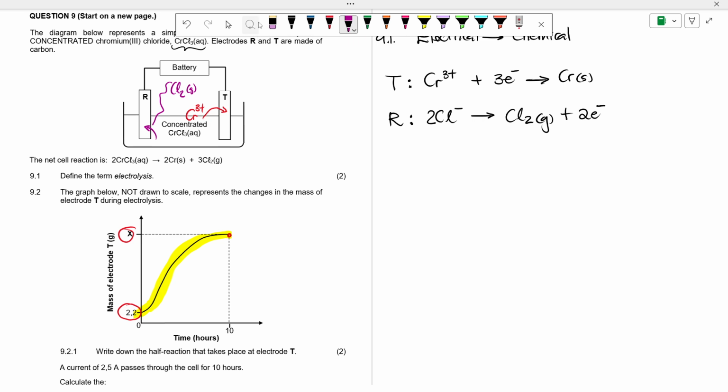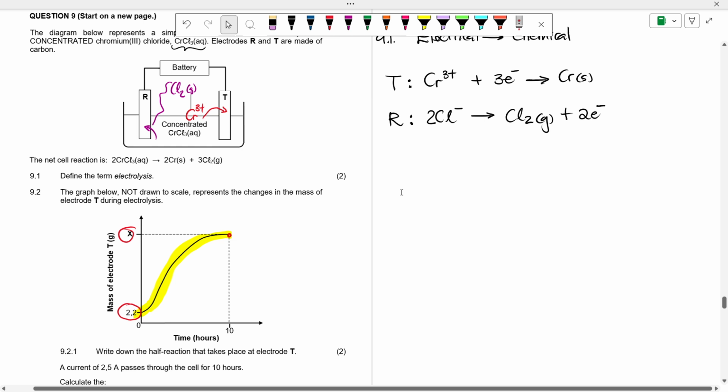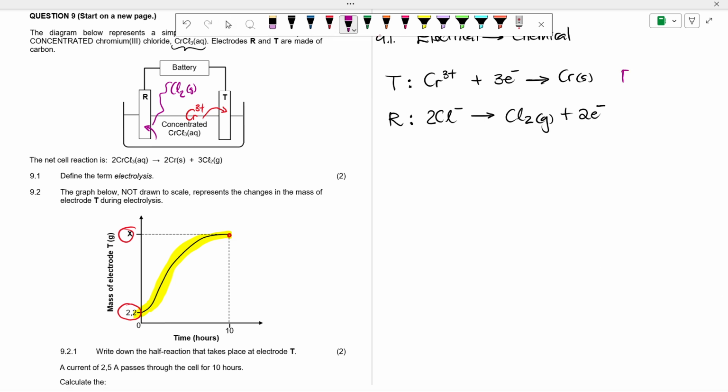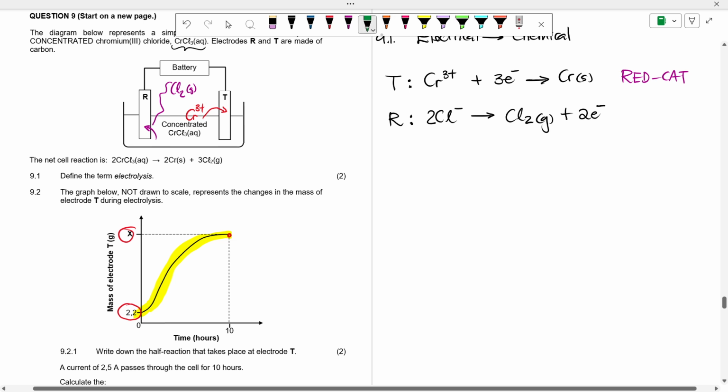Therefore, now let's just see what the questions say. Because now we already established which one is reduction and which one is oxidation. Always remember your RED CAT and AN OX. They don't change.